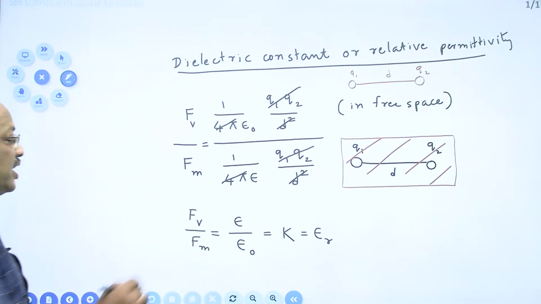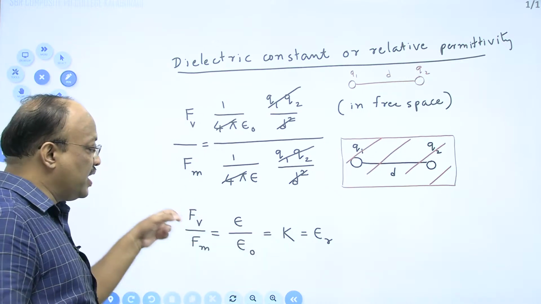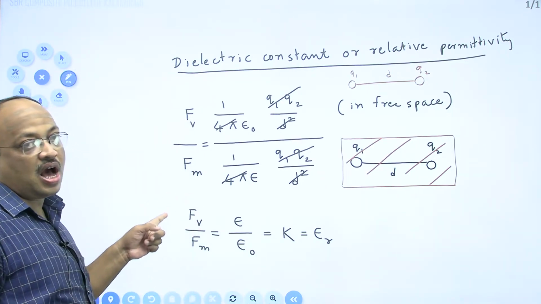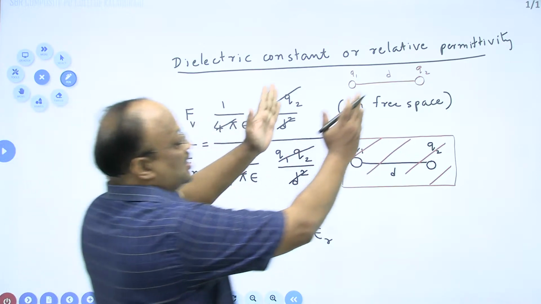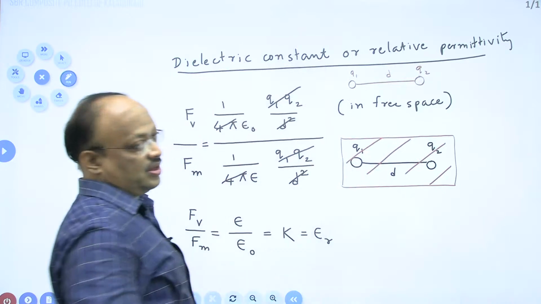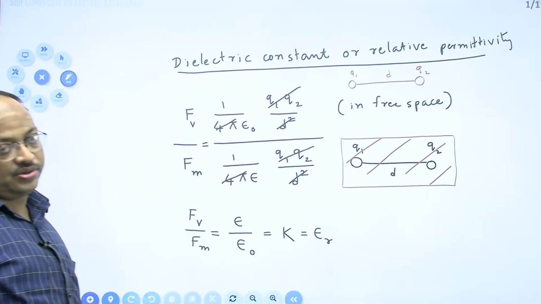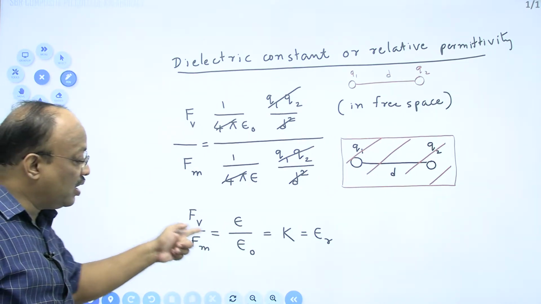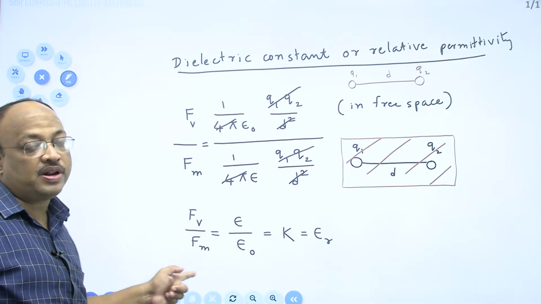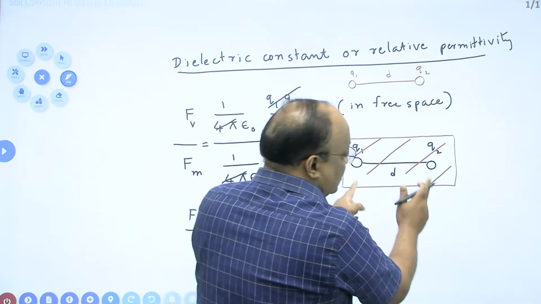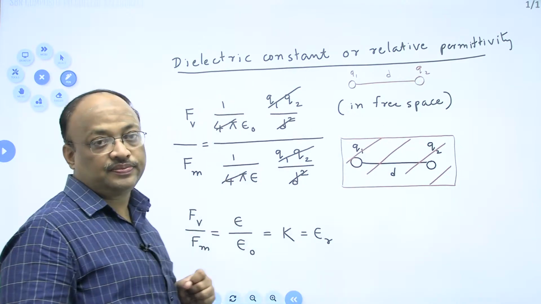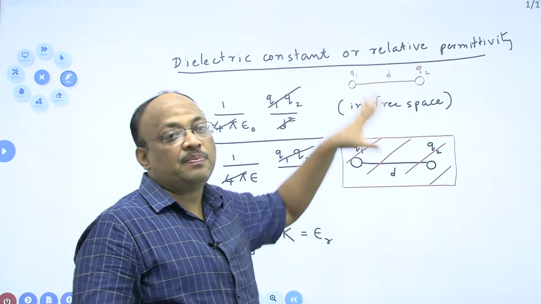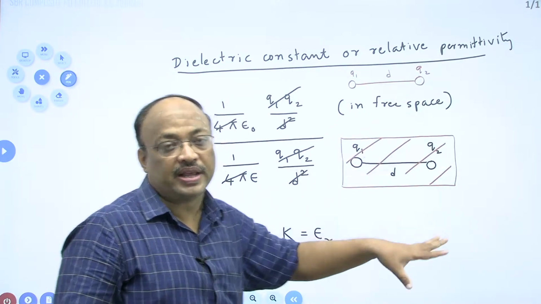It is the ratio of force of attraction or repulsion between the two charges separated by certain distance, to the force of attraction or repulsion between the same two charges separated by the same distance, kept in that medium.